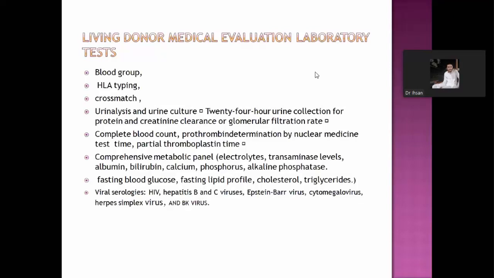Comprehensive metabolic panel, electrolytes, transaminase level, albumin, bilirubin, calcium, phosphorus, alkaline phosphatase. Fasting blood glucose, fasting lipid profile, cholesterol, triglyceride. Viral serology: HIV, HBV, HCV, EBV, cytomegalovirus, herpes virus, and others.